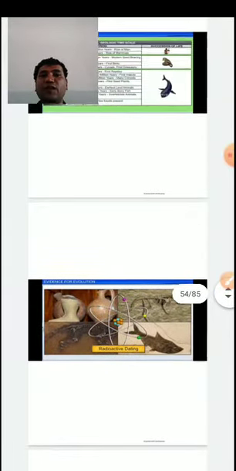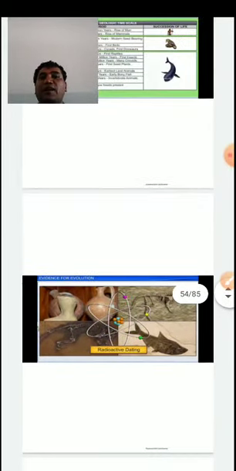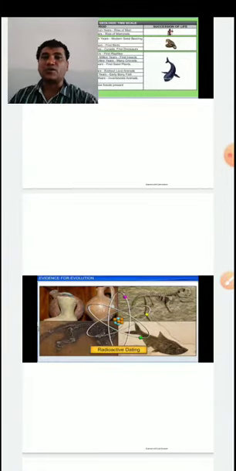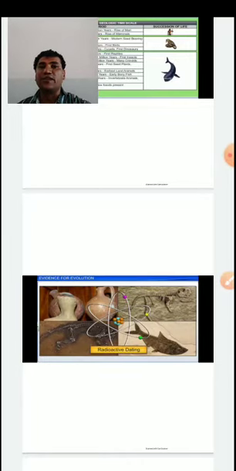Here you are going to see a method to identify fossils. Fossils are also one of the good sources of evidence for evolution, by a method called radioactive dating method, which can identify samples up to 65,000, 68,000 years.